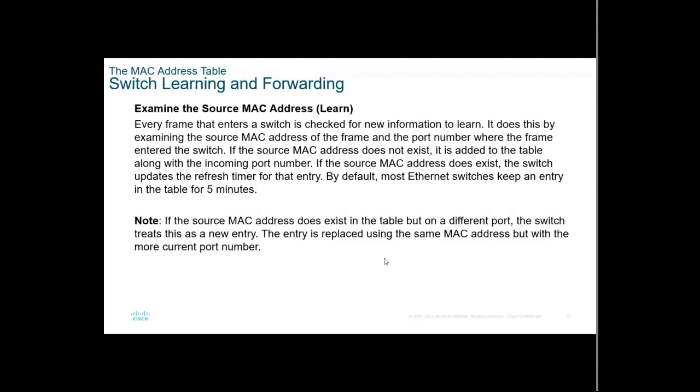It was in port 1. This has been mapped to port 1, but now she's moved it and put it into port 23. Now the switch is going to receive communication on 23, and it's going to say my source MAC address is this. Oh, but that's already mapped to port 1. So the switch just goes, hey, it's the same MAC address. This is newer. I'm going to delete this one and map it to this one instead.